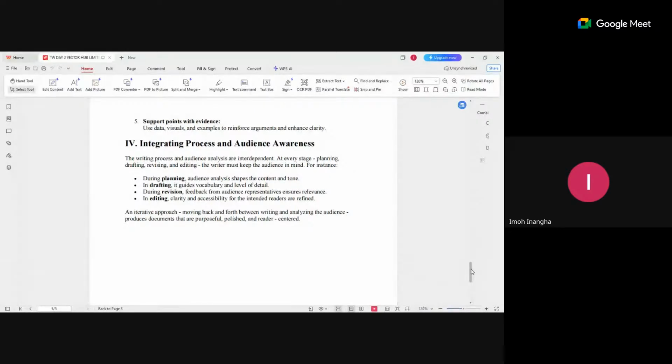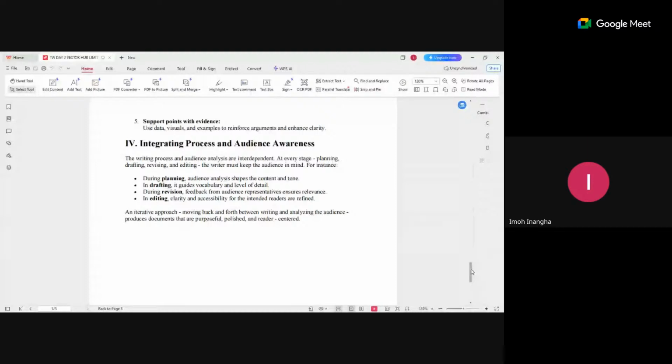In drafting, it guides vocabulary and level of detail. During revision, feedback from audience representatives ensures relevance. In editing, clarity and accessibility for the intended readers are refined.